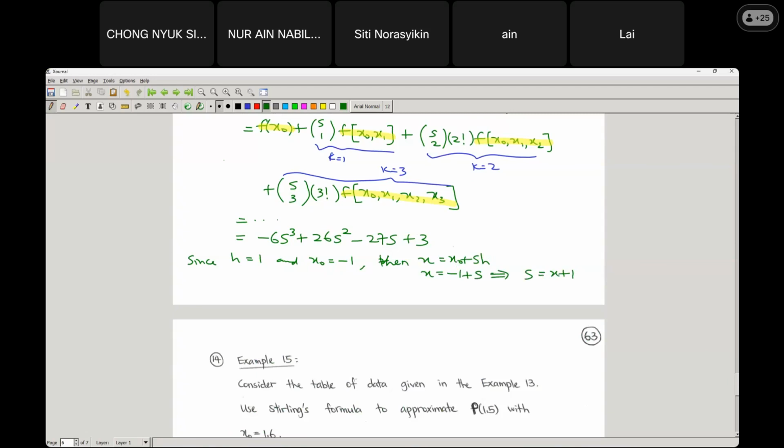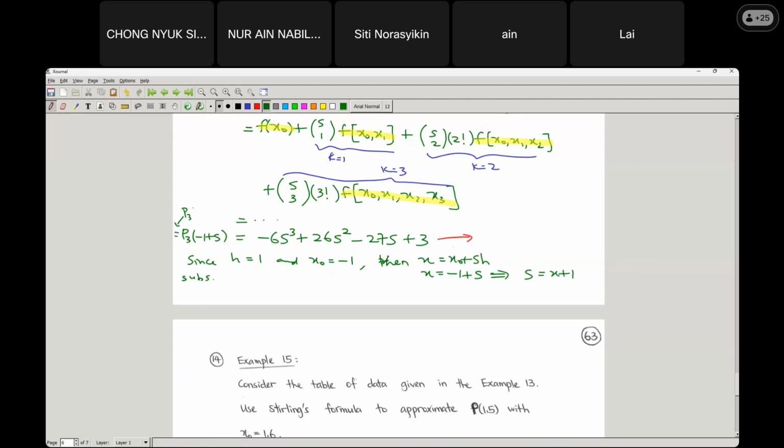So I write here the equation for P3, which is -1 plus s. Now we need to substitute s equal to x plus 1. I call this equation star.